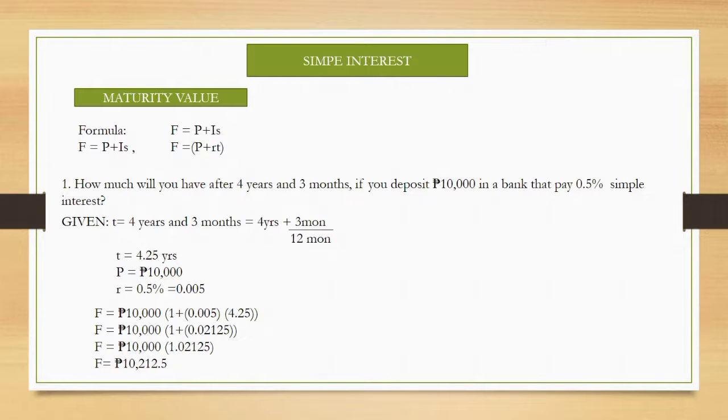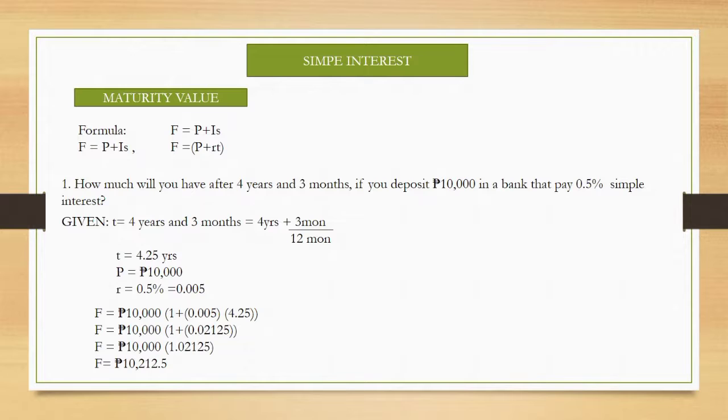So the given is future value is 300,000, while the rate is 7.5, and in order to get this in decimal, we divide it by 100, so the rate is equals to 0.075. So the future value is equals to P multiplied by 1 plus RT. So 300,000 pesos is equals to P multiplied by 1 plus 0.075 multiplied by 2.